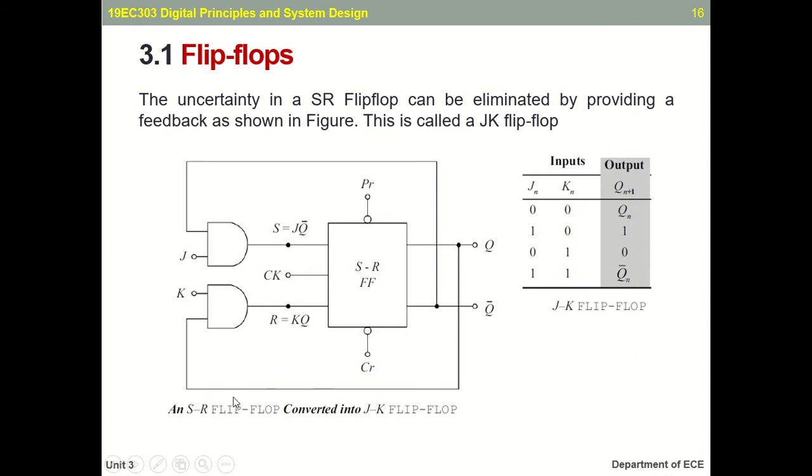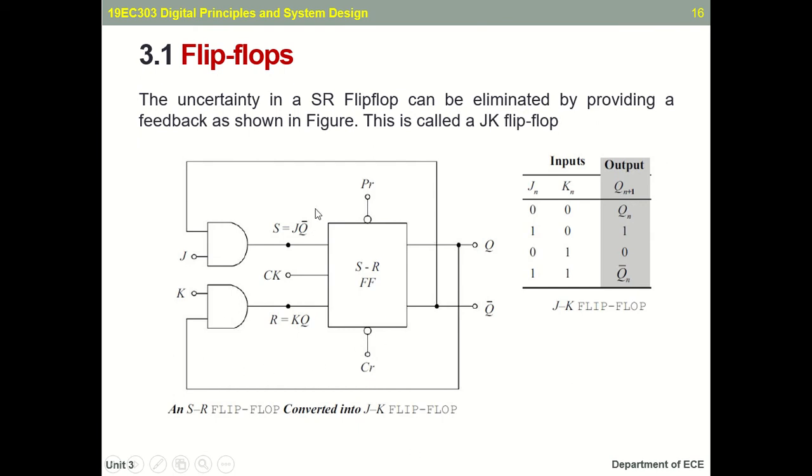As shown here, earlier an SR flip-flop had just four NAND gates, say 1, 2, 3 and 4, with cross coupling between the output and input. But what is the change made on the SR flip-flop to remove the uncertainty?